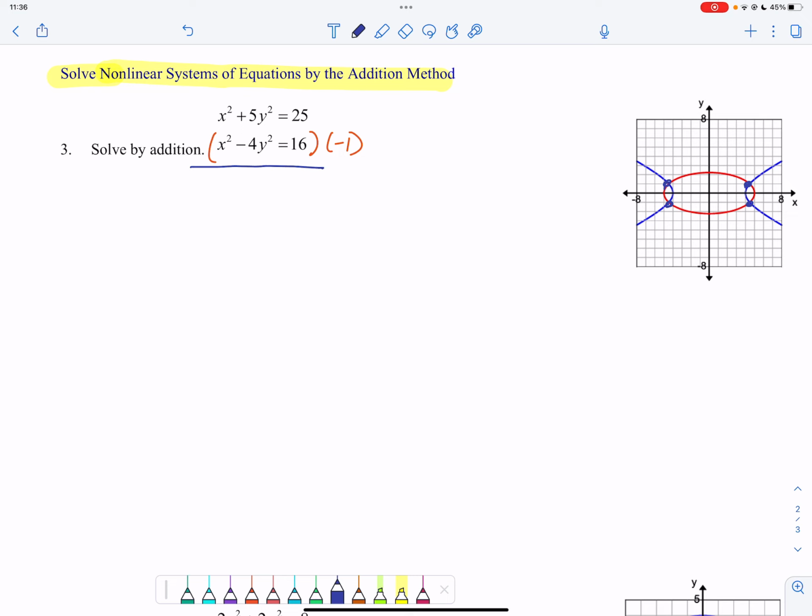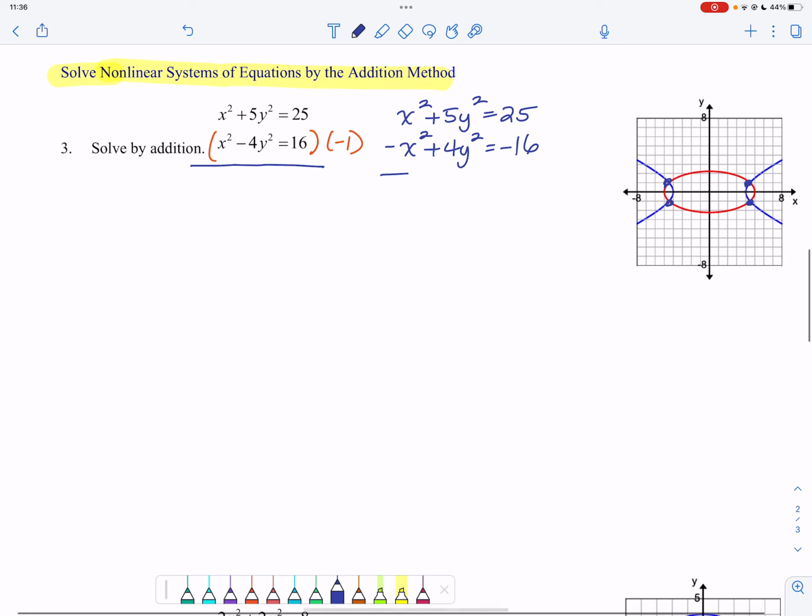So actually you would have x squared plus 5y squared equals 25, and then negative x squared plus 4y squared equals -16. And now we can use the method of addition.